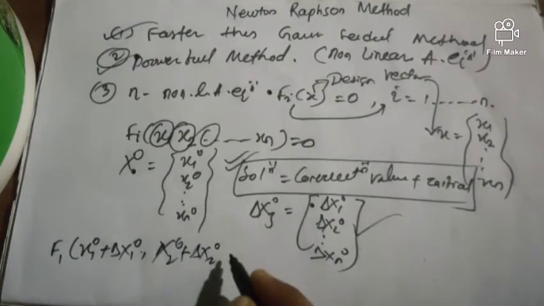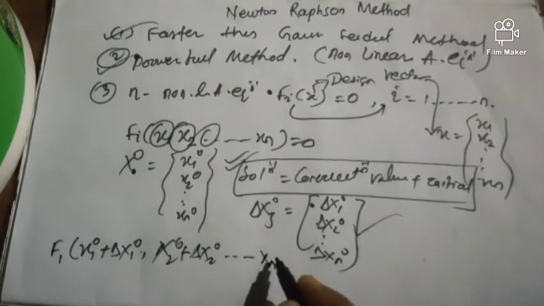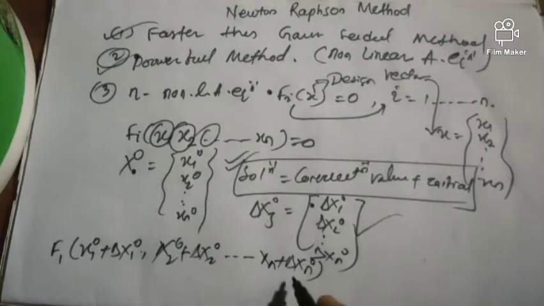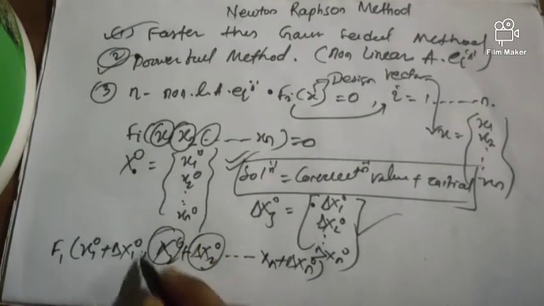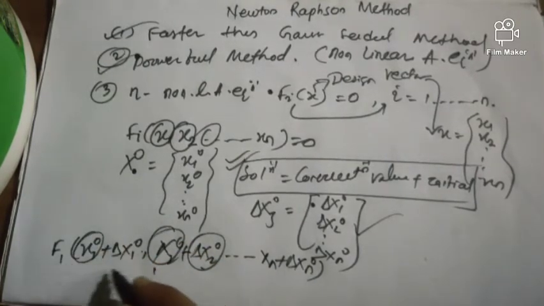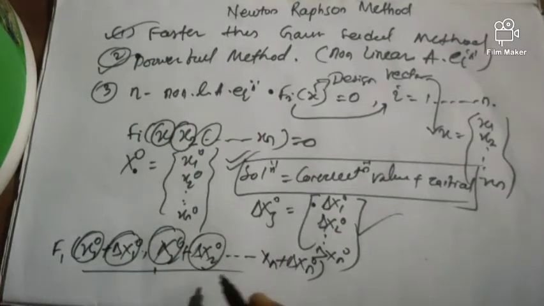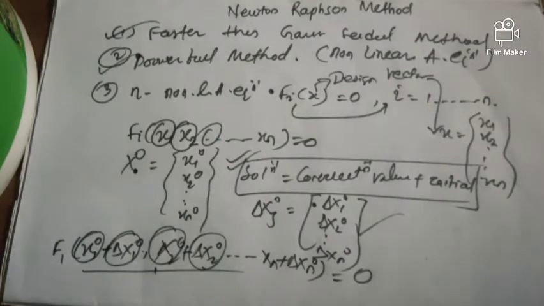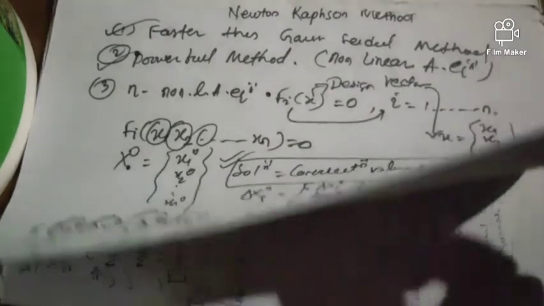This is your original initial value and this is your correction value. By adding all this we will get the final solution. Here i means 1 up to n.